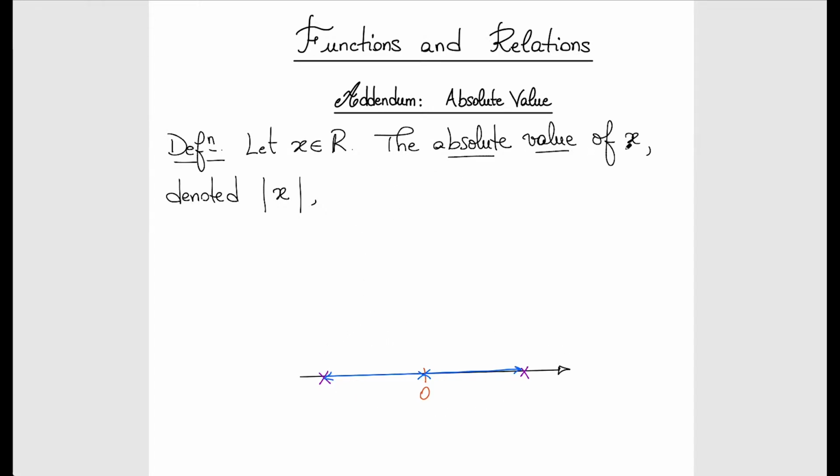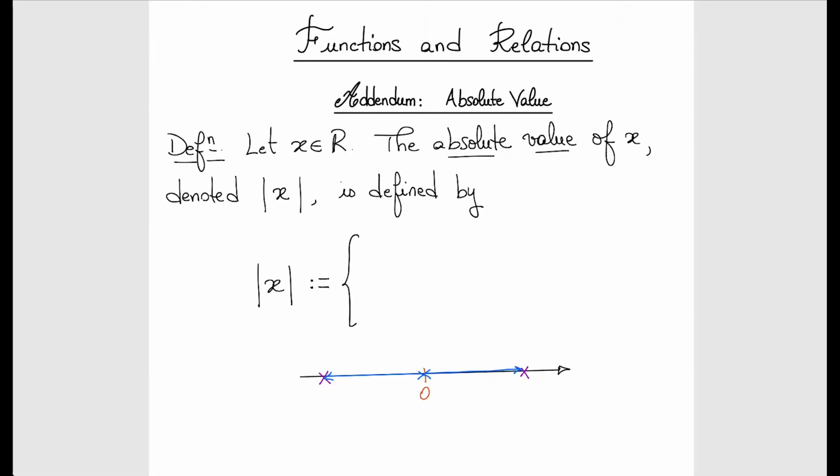Alright, so the absolute value of x, denoted by this, is defined by the following. The absolute value of x is defined by two things based on what x is, right?